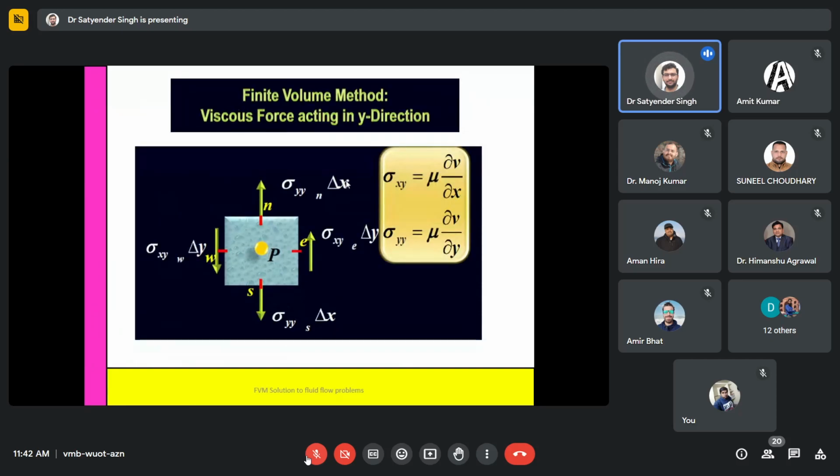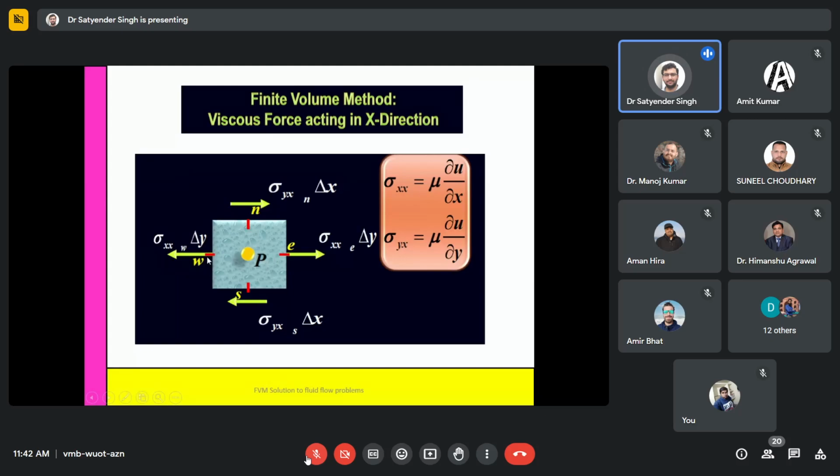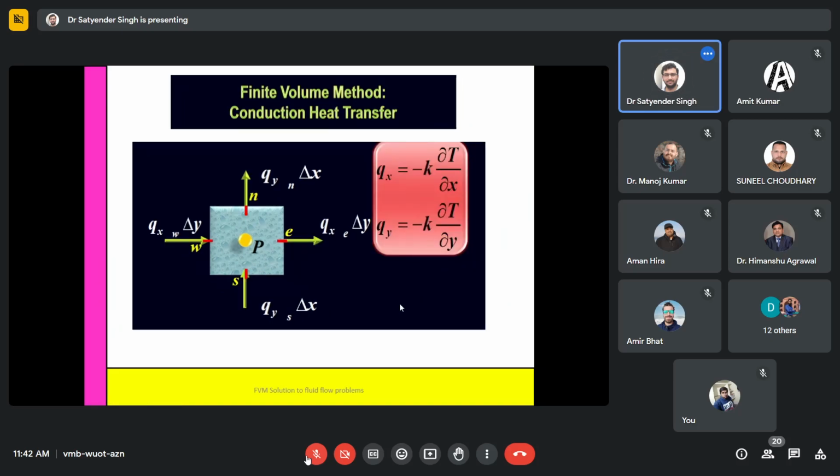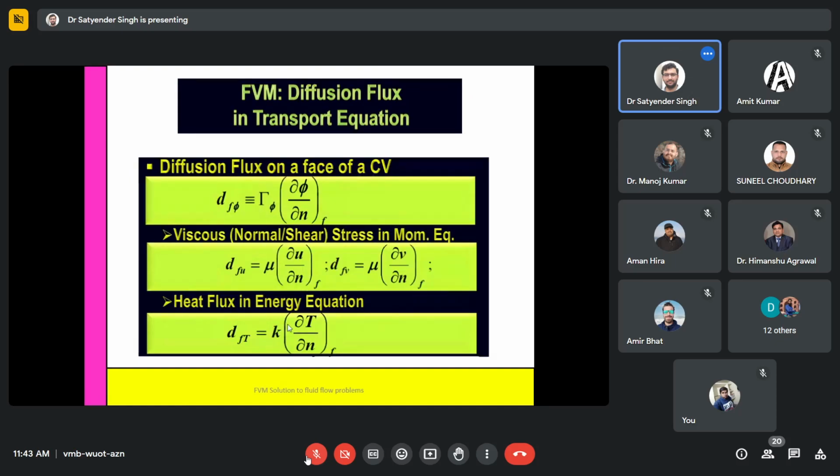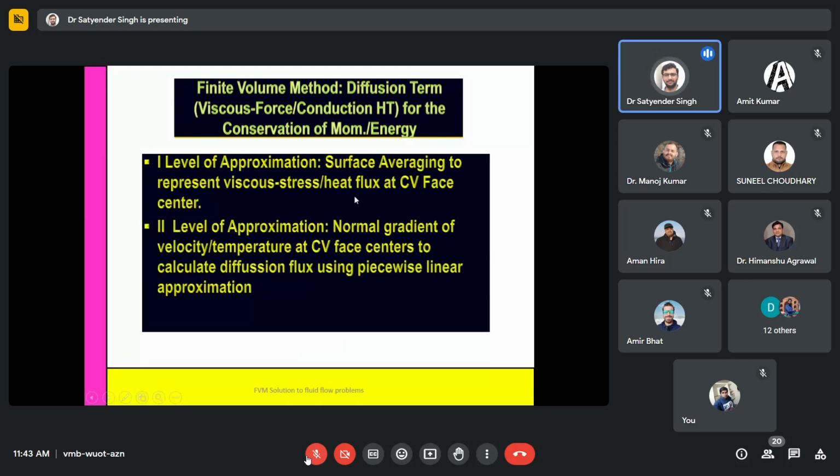If I consider their balance, this will be in the opposite direction to x, considered as minus, and this will be in the positive direction, considered as positive; likewise the others are treated in the same way. We put sigma xx, sigma yx using the subsidiary law in the equation, and it gives us one discretized differential form in the second level. That is what we do in the discretization of diffusion fluxes, the diffusion terms, with a two-level approximation.